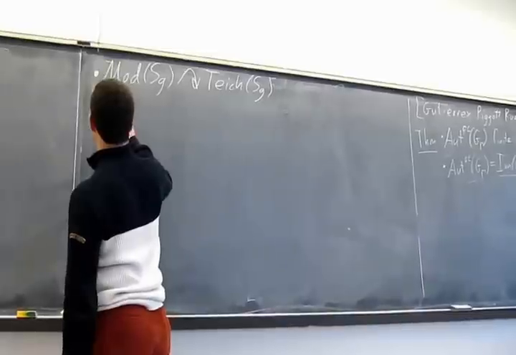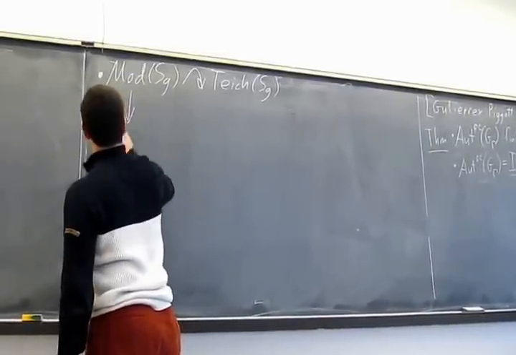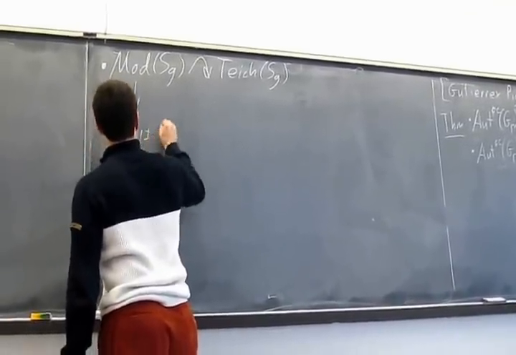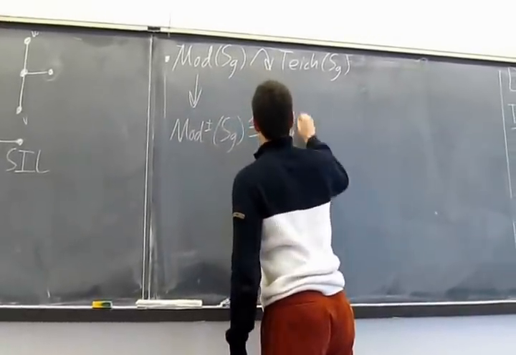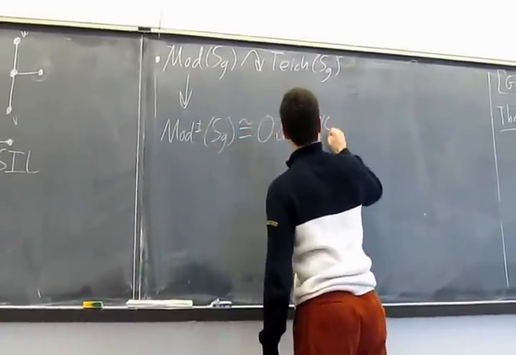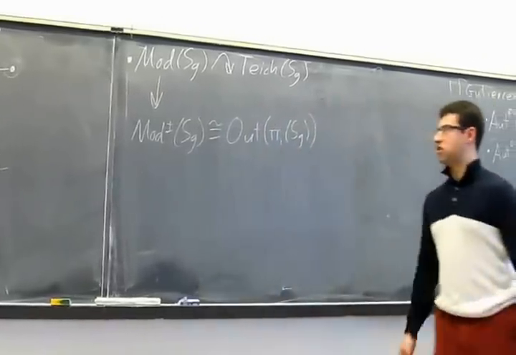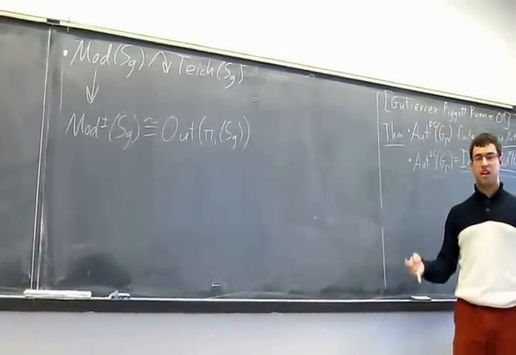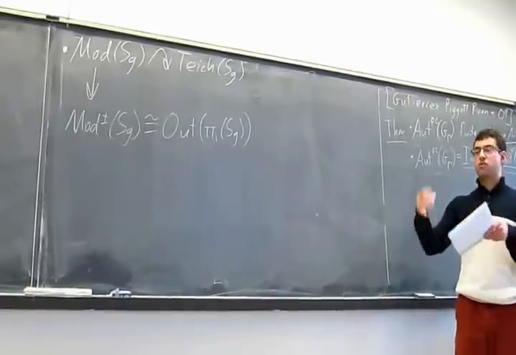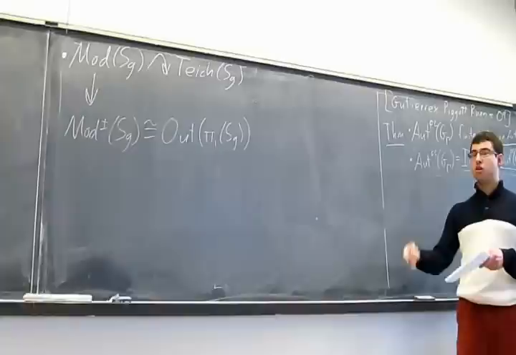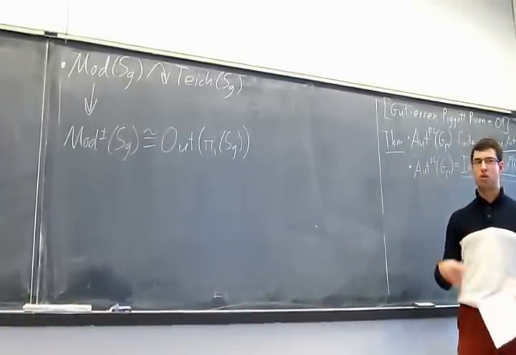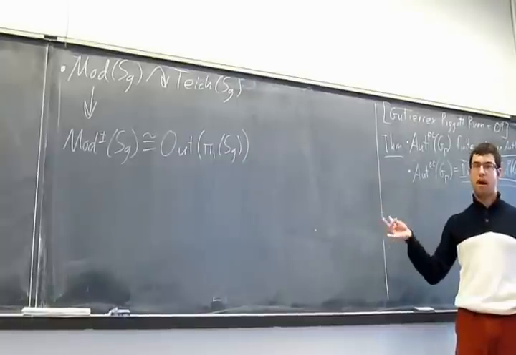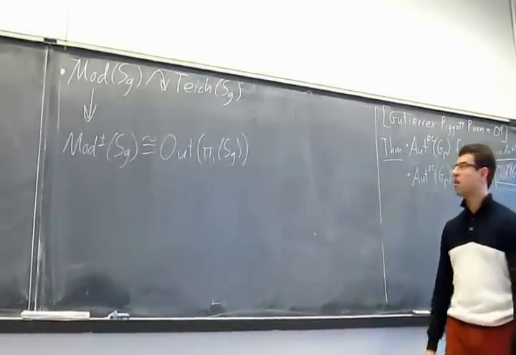But we have the Dehn-Nielsen-Baer theorem that says that the generalized mapping class group is isomorphic to the outer automorphism group of the fundamental group of the surface. So the generalized mapping class group is, instead of just taking the orientation preserving homeomorphisms and modding out by homotopy, we take the full homeomorphism group up to homotopy or isotopy, or whichever definition of the mapping class group you feel like using today.